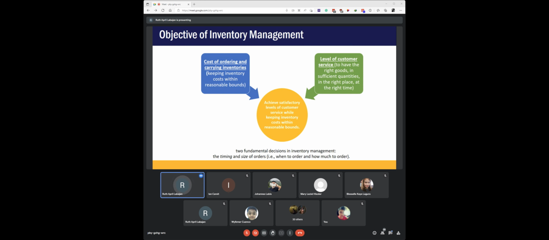And the goods that you offer and the quantities that you have will affect the customer service. Meaning to say, if you don't have the goods needed by the customer, it might affect their level of satisfaction. If a customer looks for something and orders it, but it's not available, then it might affect their level of satisfaction.